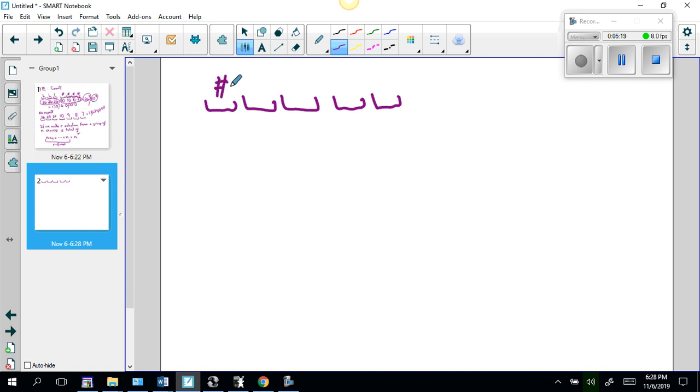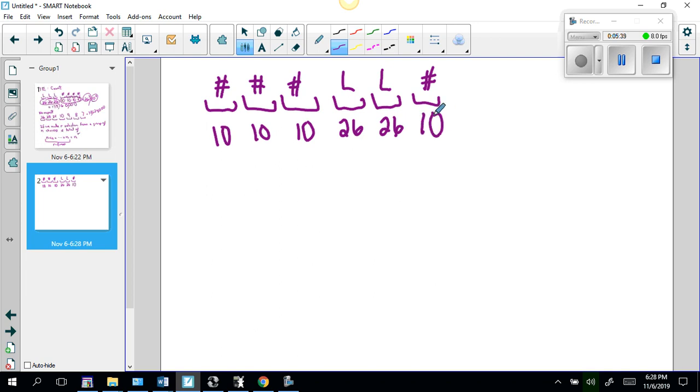So if you allow repetition, 10 digits, 10 digits, 10 digits, 26 choices, 26 choices. That's with repetition. And you just multiply that out, and I don't think we really care.